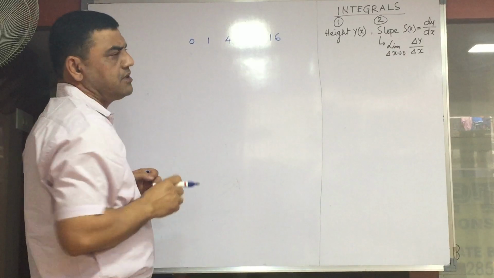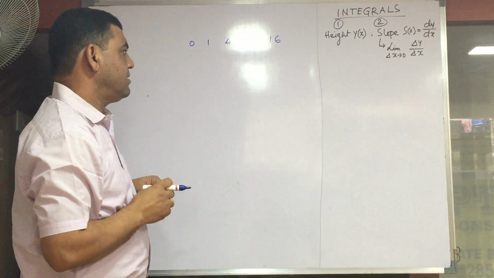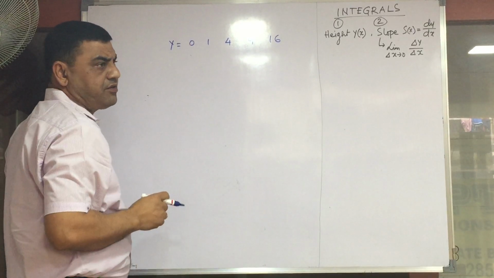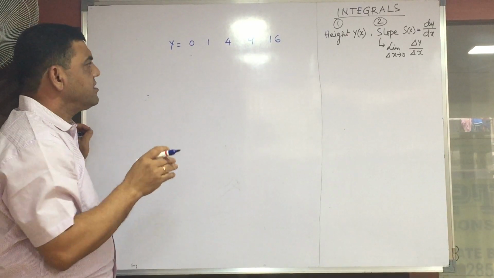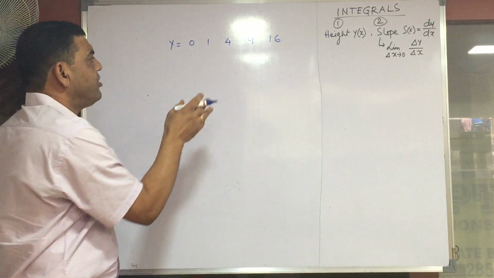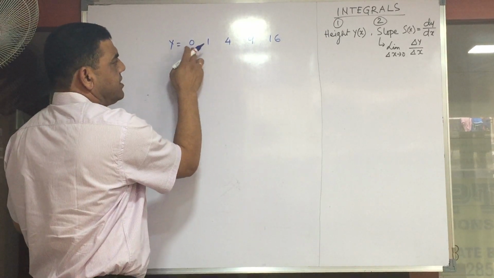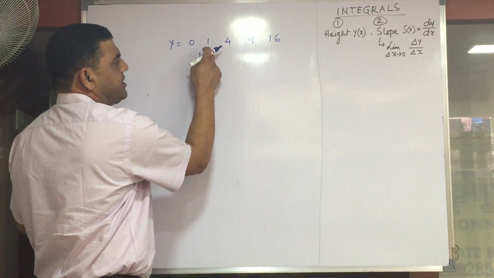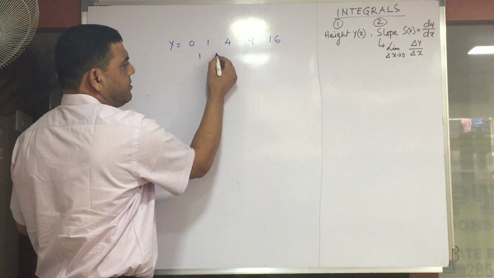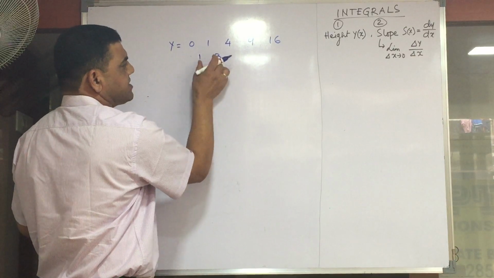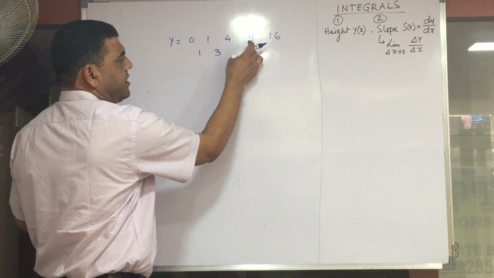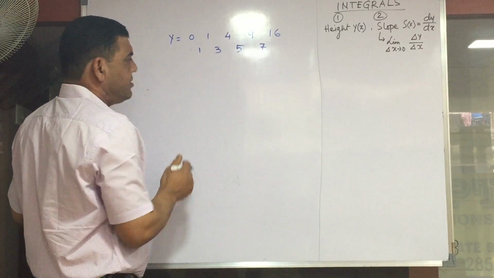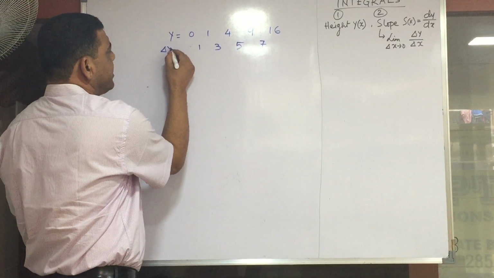This is how the heights are. If we want to find the change, or the slope, we take the change between these two, which is 1. The change between the second and the third element, or the second interval, is 3. Here it is 5 and here it is 7. These are the changes in y.